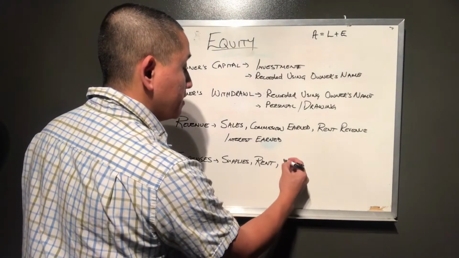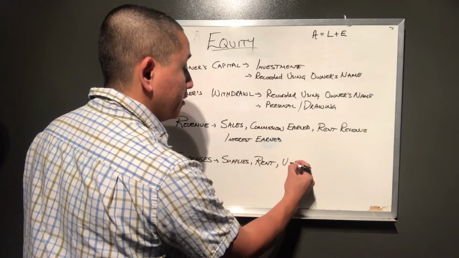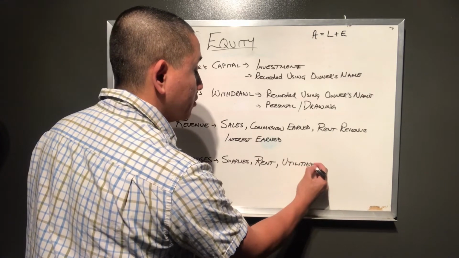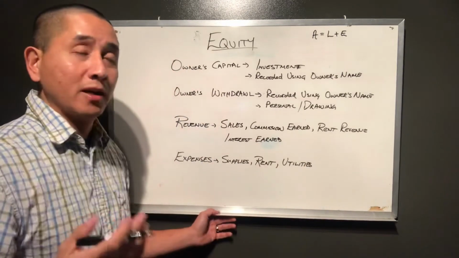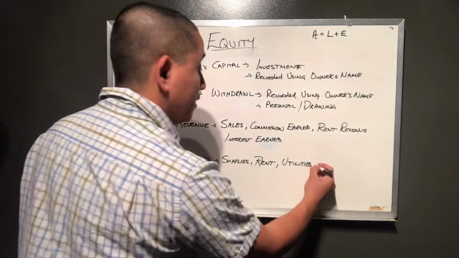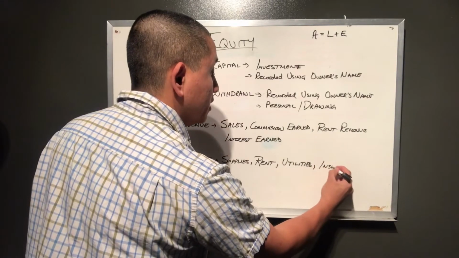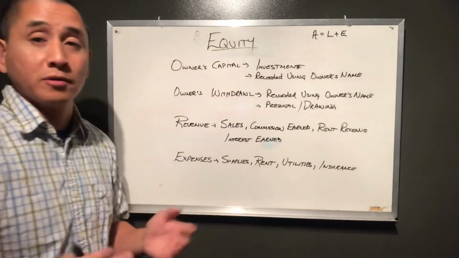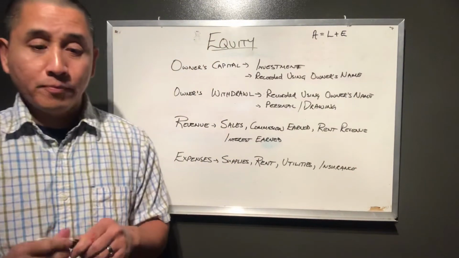If I'm running a business in a building, there are certain utilities I would have to pay, such as hydro and water. That would be an expense. Another type here would be insurance. In order to run a business, I would need insurance, so I could expense that as well.